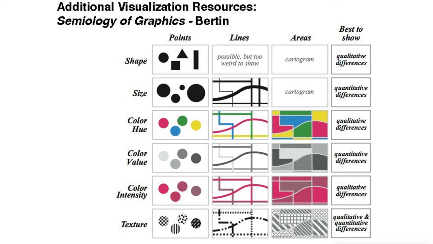So if you have an interest in data visualization and want to look at some seminal works, it can be useful to have that background if you're looking for literature related to information visualization.